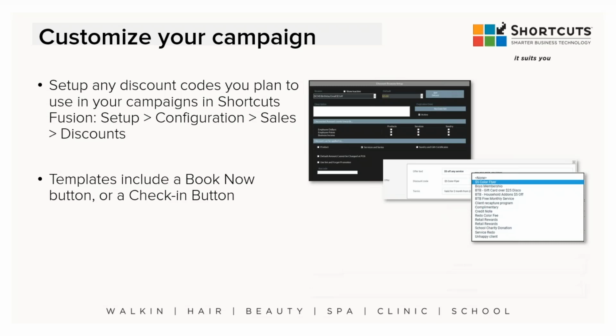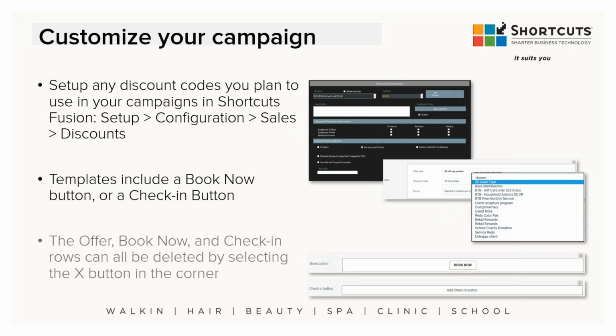It's a little X icon that appears on the right side. So if you're just messaging your customers, letting them know that you might be closing the salon for a week or two, and you don't want to include any coupon, of course, you're going to press that little X in the corner. And you might even remove the book now button so that customers don't misread the message and try to book when you're closed.